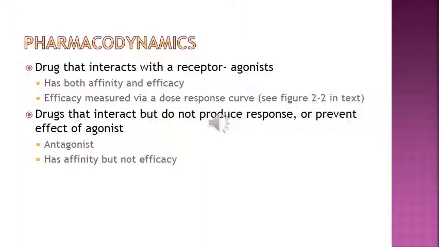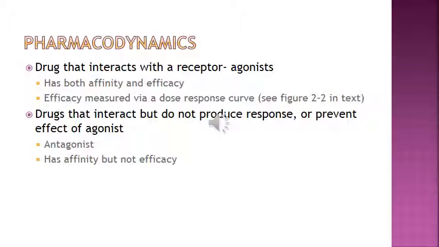Affinity is the force that causes two agents to bind or unite. Agonist drugs have affinity and they also have efficacy, meaning that they actually produce a response. The way they measure the response is through what's called a dose-response curve.